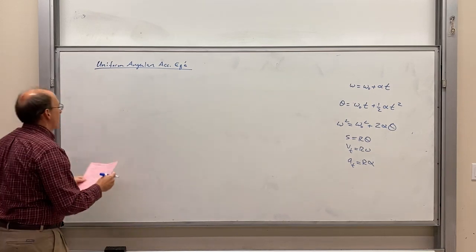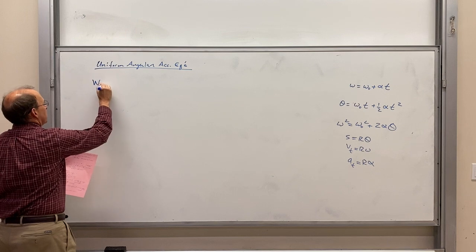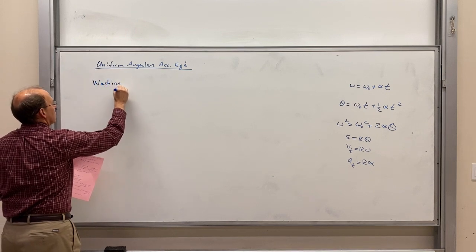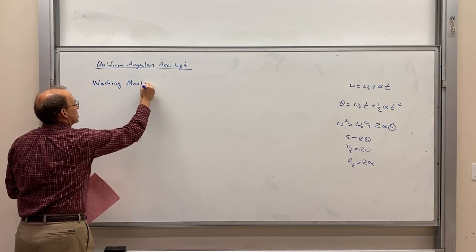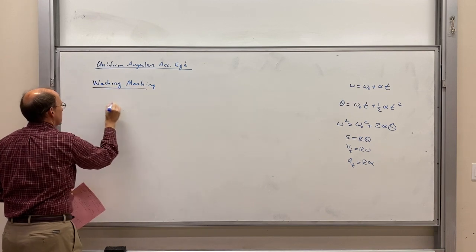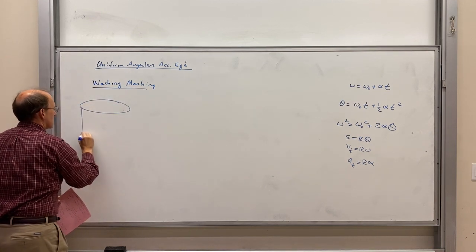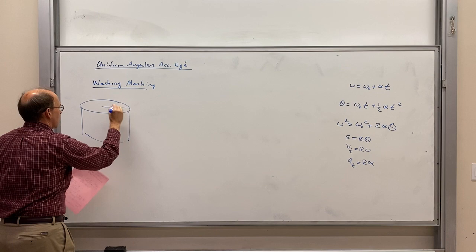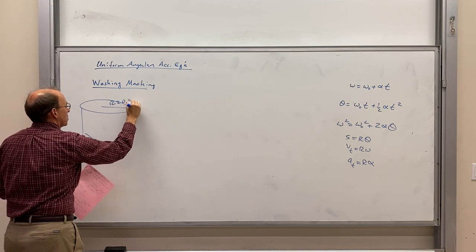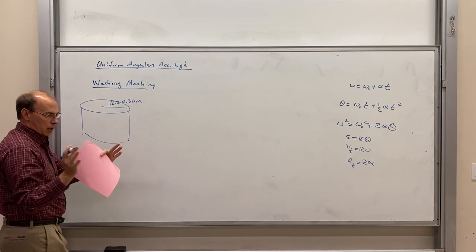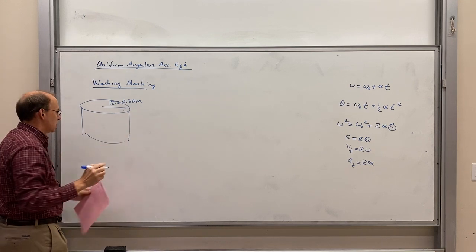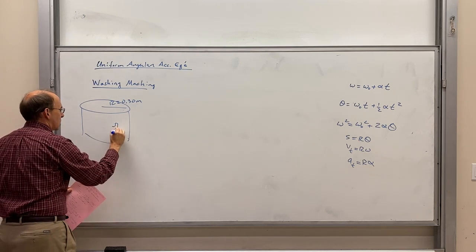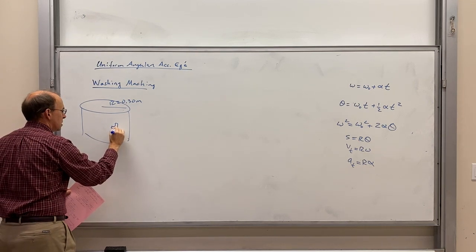And everyone's seen a washing machine, so my example is going to be a washing machine with a sock on the rim. It's got a radius of 0.3 meters, so 30 centimeters, and the whole machine's about like that. And it's got a sock out here on the rim.